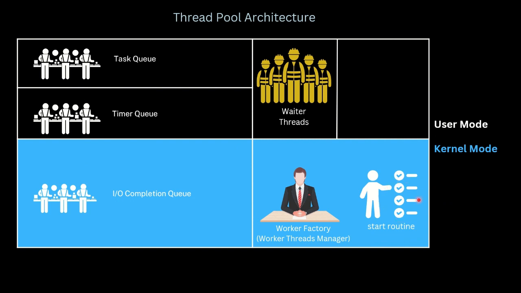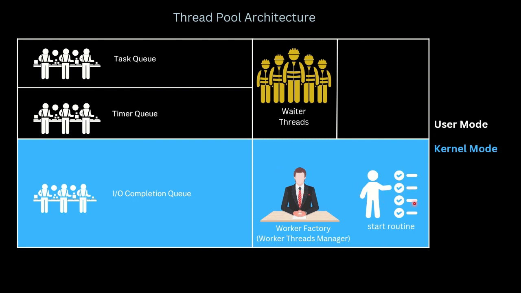Then you have the start routine component. Consider it like an agenda, instructions, a list of tasks that these workers must perform in order to complete the process. So just like in an office, you have workers, they get the agenda, the instructions, the goals, the objectives from the manager. But here there is a difference. Here this manager will not give this agenda, these instructions to these workers. This is given by the process.